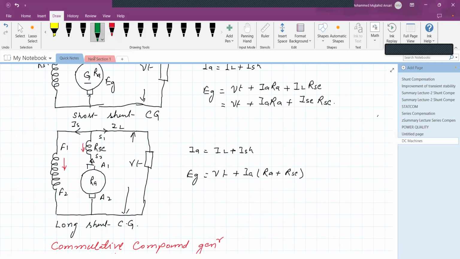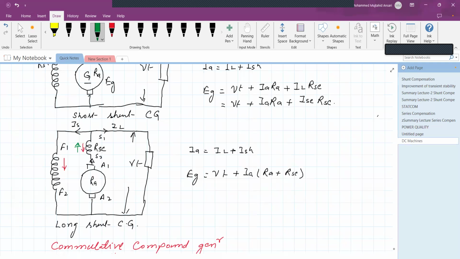Whereas if the current direction is opposite compared to the shunt field winding current, then the generator becomes a differential generator, because the total flux created over the periphery of the armature is not additive, it is subtractive. Therefore, it is called a differential generator. So based on the S1 and S2 connection, the generator may be a cumulative compound generator or a differential compound generator.